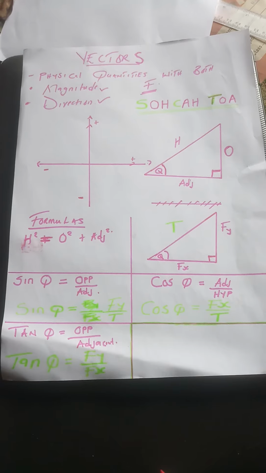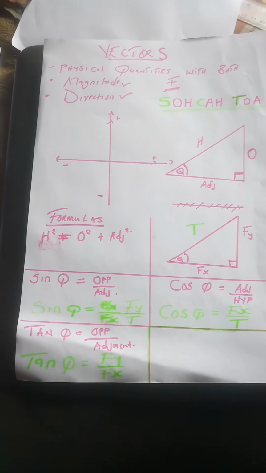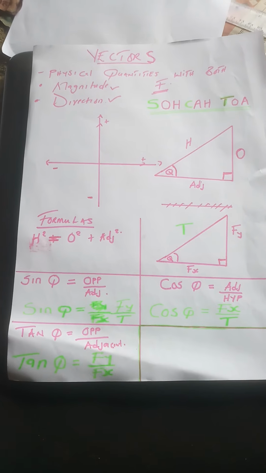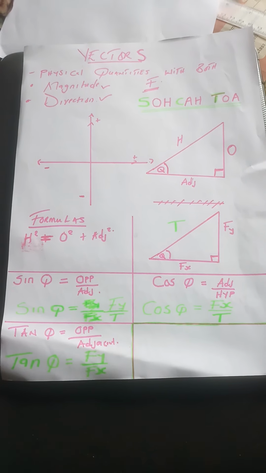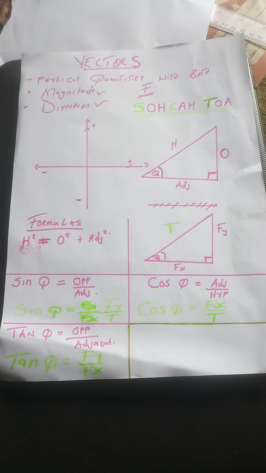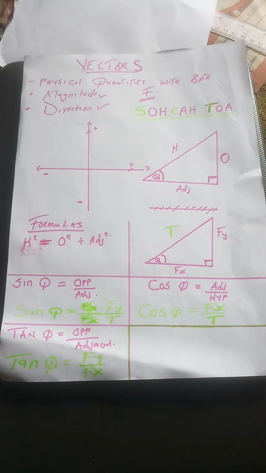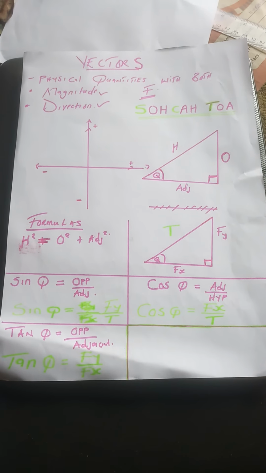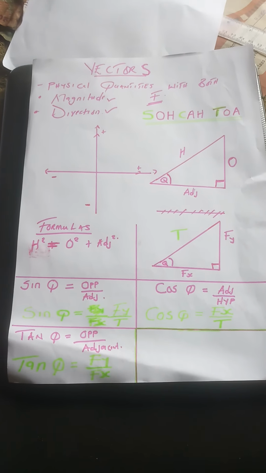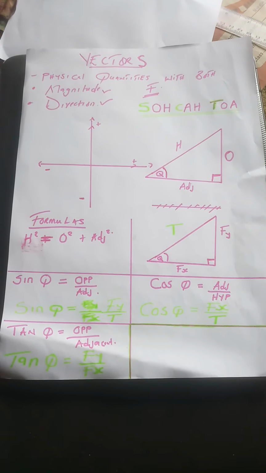Force is a very good example of vectors. Why? Because force has magnitude, how heavy the thing is, but it also has direction. You can never say something is pulling or pushing in no direction. That wouldn't be a force, and it just wouldn't make sense.